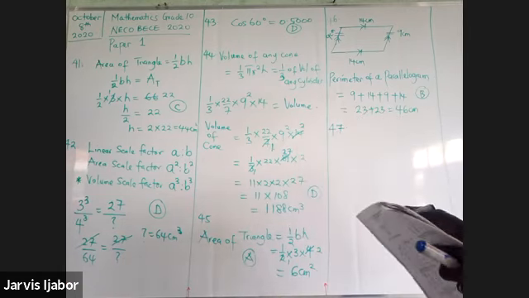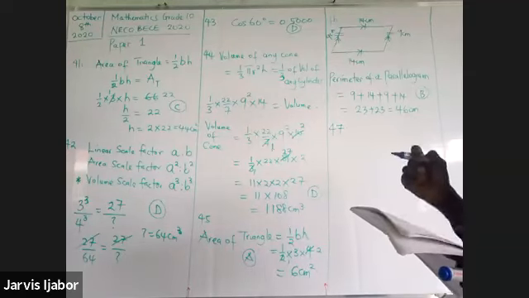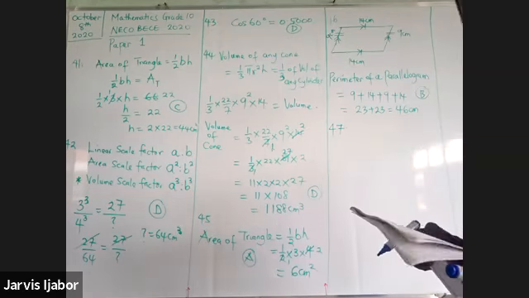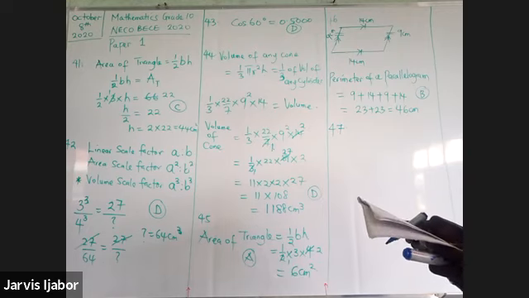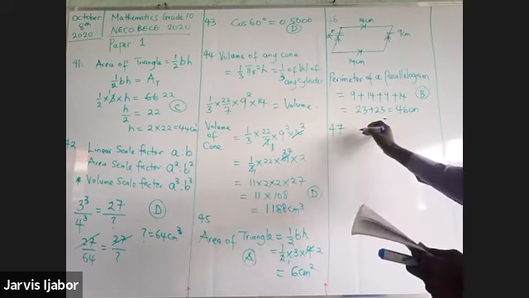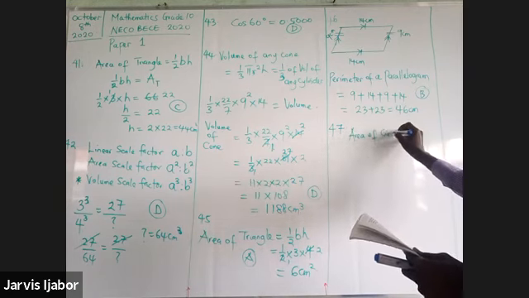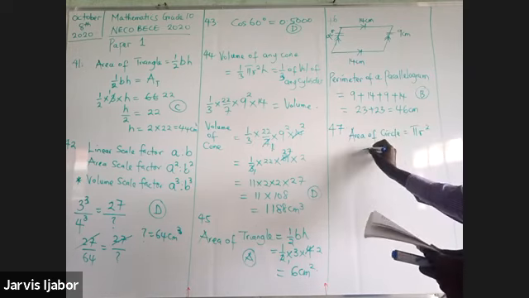In 47, we are told to calculate the radius of a circle whose area is 154 centimeters squared. Calculate the radius of a circle whose area is 154 centimeters squared. Now we know that the area of a circle is equal to pi r squared.